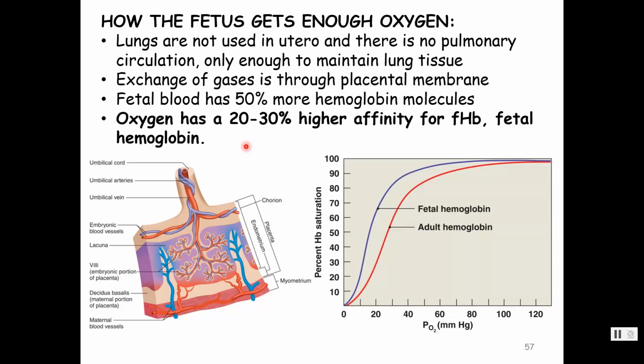Just other things about the placenta. We know that antibodies, those IgG antibodies, can cross that placental membrane. Also, most drugs can cross the placental membrane as well. And so we'll talk about things that are contraindicated during pregnancy and for breastfeeding.